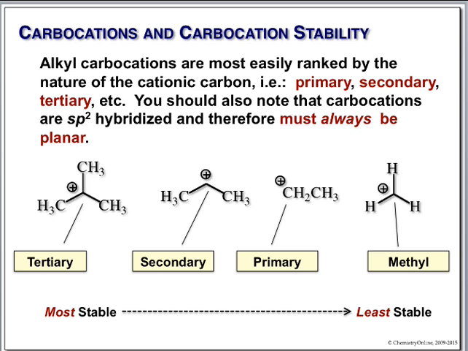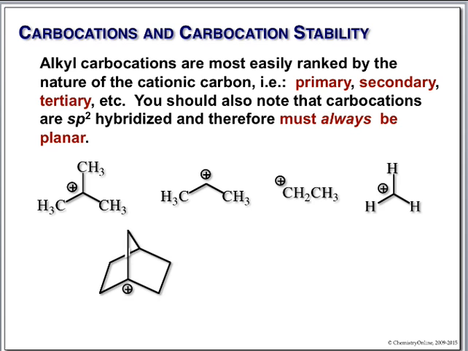When you look at a carbocation, remember that this thing has three things attached. There's a p orbital here, but it's empty. Therefore, this is going to be trigonal planar geometry. So in order to be stable, you want lots of groups around it, and it must be planar.